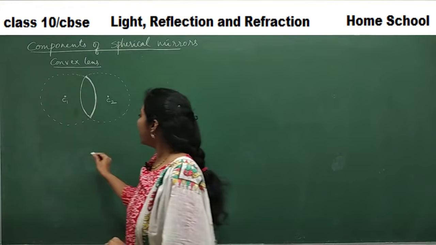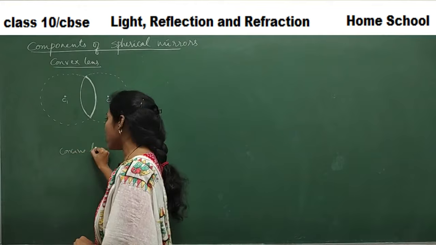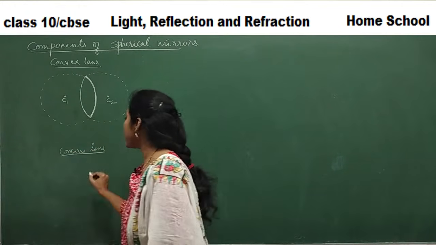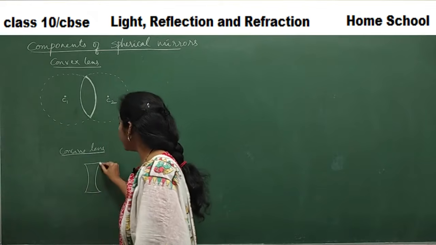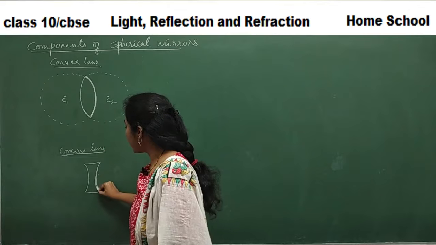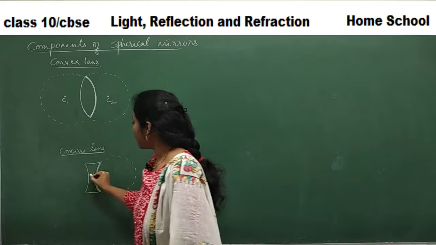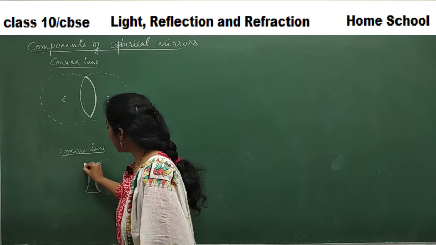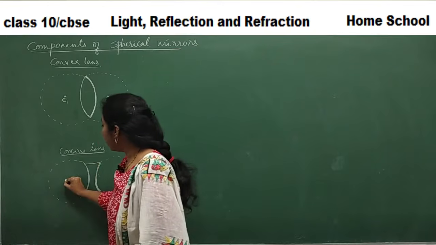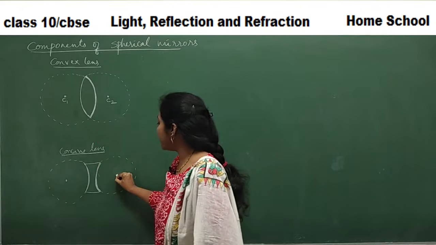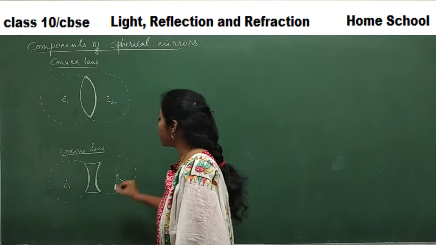Clear? Similarly, in the case of a concave lens also, two spheres are possible. This particular side is a part of this sphere, and this side is a part of this sphere. Here one center is possible, here another center is possible. Call this C1, call this C2.